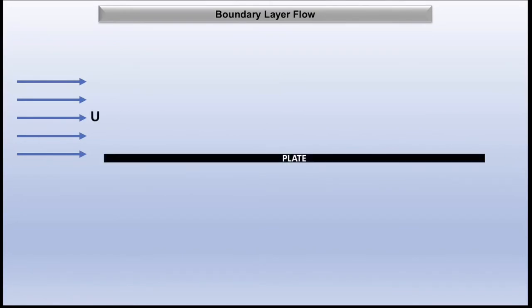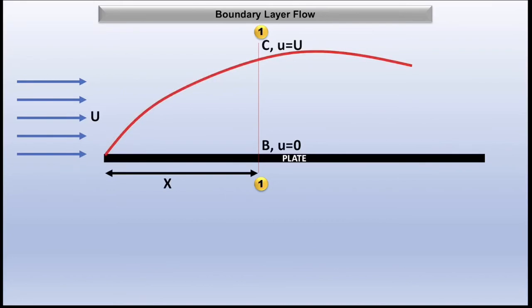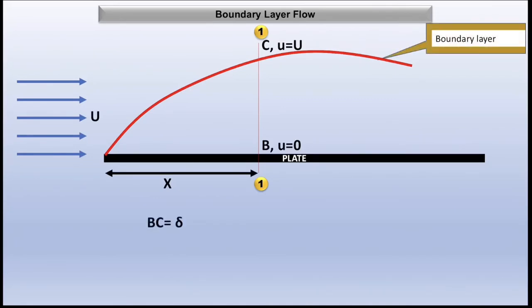Now let us see the expression for displacement thickness. Consider the flow of fluid having the free stream velocity equal to U over a thin smooth plate as shown in the figure. At a distance x from the leading edge, consider the section 1-1. The velocity of fluid at B is 0, and at C, which lies on the boundary layer, the velocity is U. The velocity varies from 0 at B to U at C, where BC is equal to the thickness of the boundary layer.